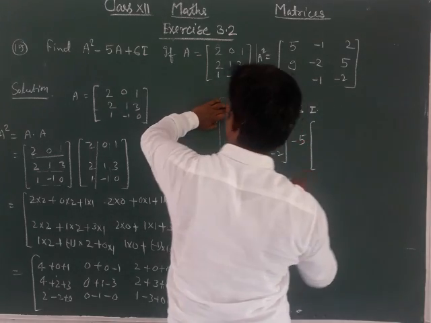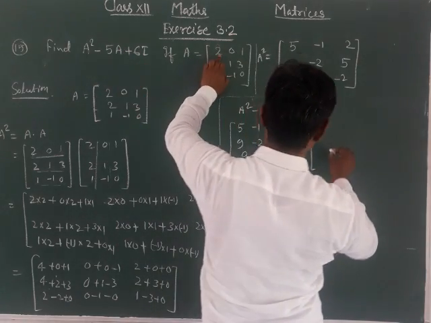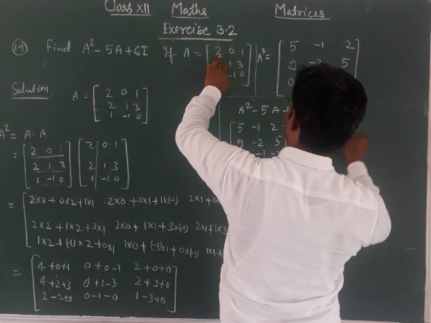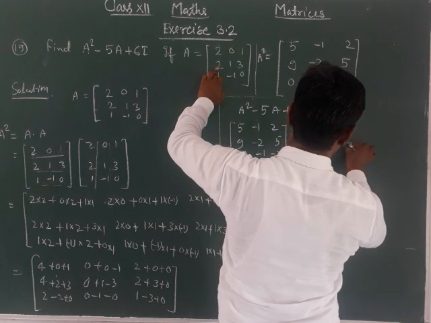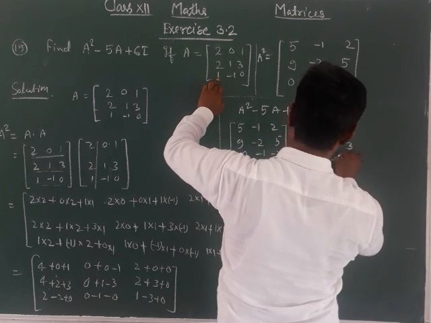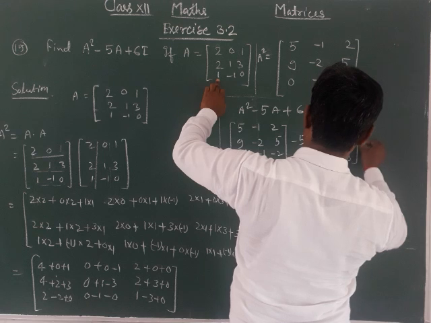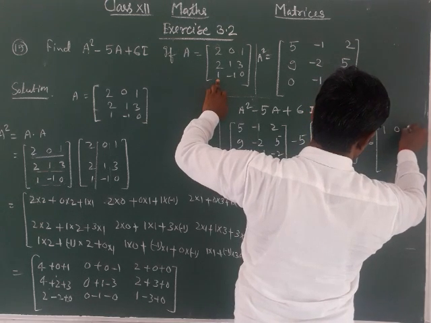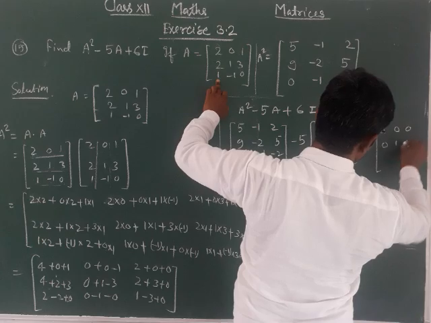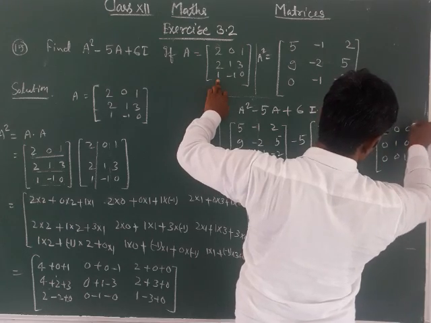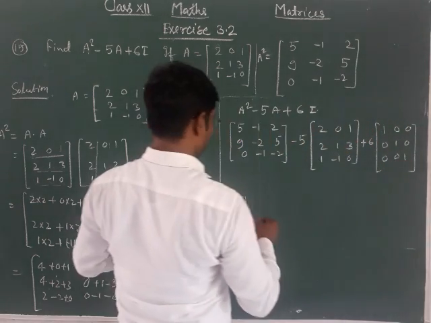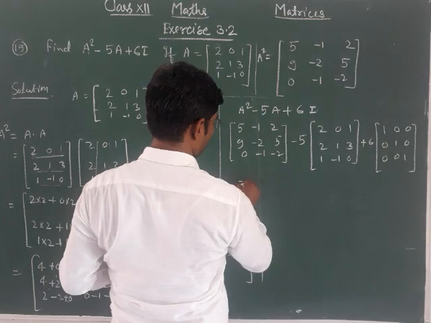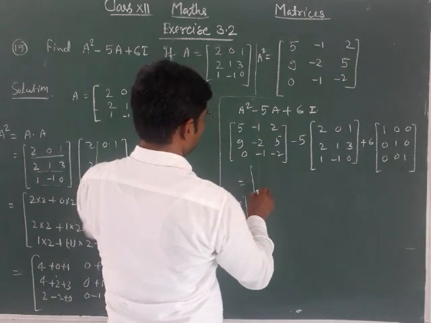This A is the matrix with elements 2, 0, 1, 2, 1, 3 and 1, minus 1, 0, and plus 6 times the identity: 1, 0, 0, 0, 1, 0, 0, 0, 1. So this is another matrix. Now solve this.